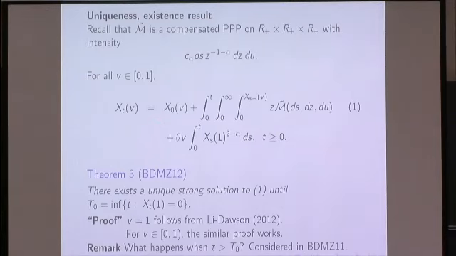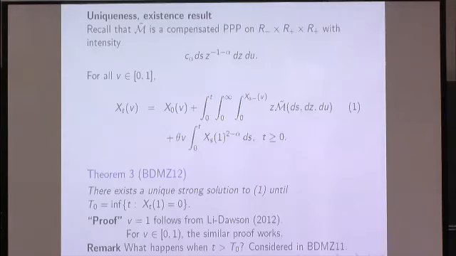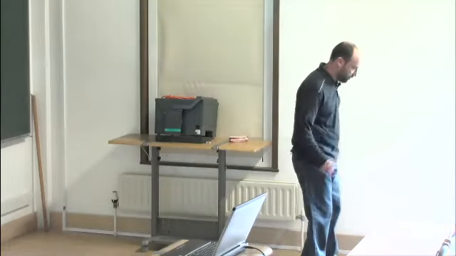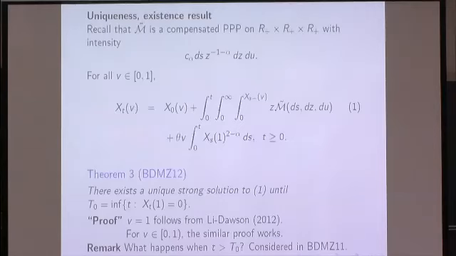And when you do the usual argument, take the difference of two solutions, then this term disappears from the difference, and you can proceed with the usual argument of proving the uniqueness result. So, which means for v less than 1, you can also get uniqueness even in the presence of this term.